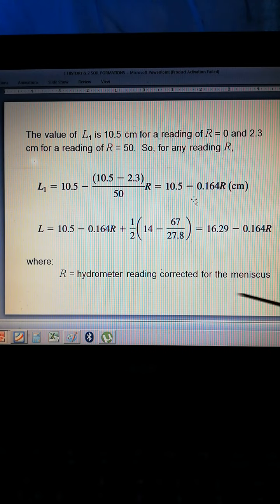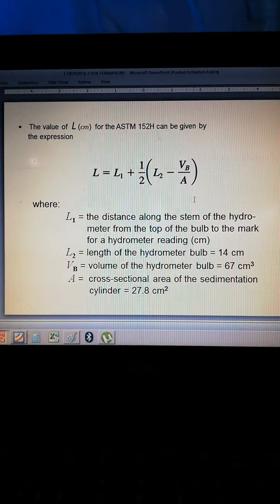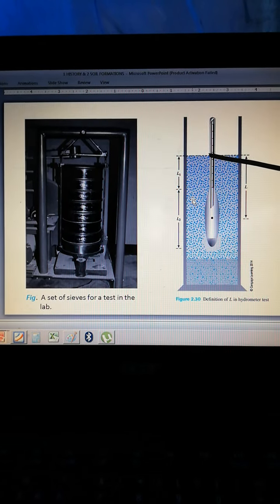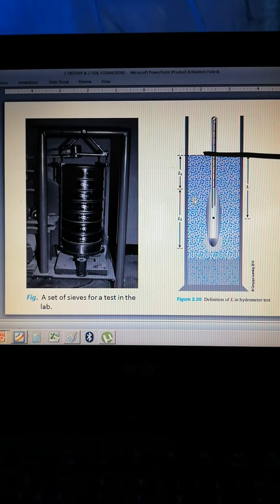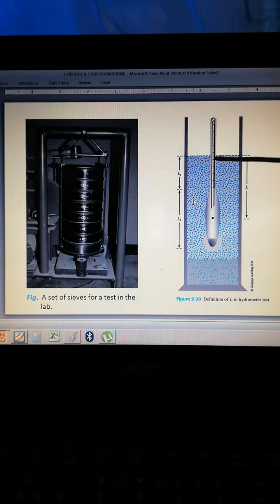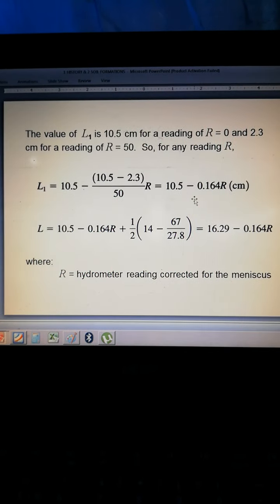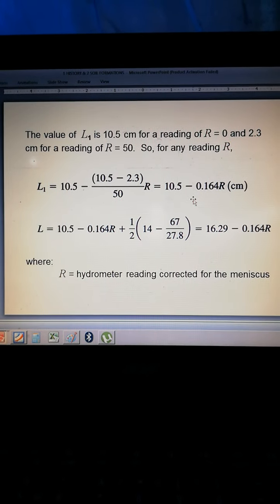Now, you can do this by measuring and by reading R. R here is the hydrometer reading corrected for the meniscus. In the hydrometer reading, this is the coincidence of the fluid surface with the calibration of the hydrometer. So it depends more on the reading.